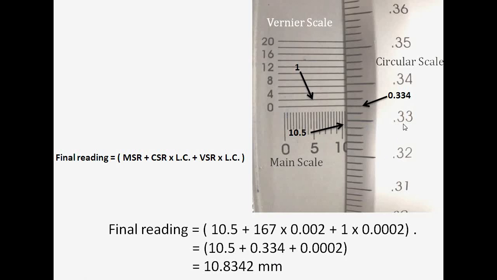It means that after 0.32, the divisions are 0.322, 0.324, 0.326, 0.328, and this one is 0.33. Then this one is 0.332 and this one is 0.334. Whatever the multiplication we get here is directly printed on the drum.